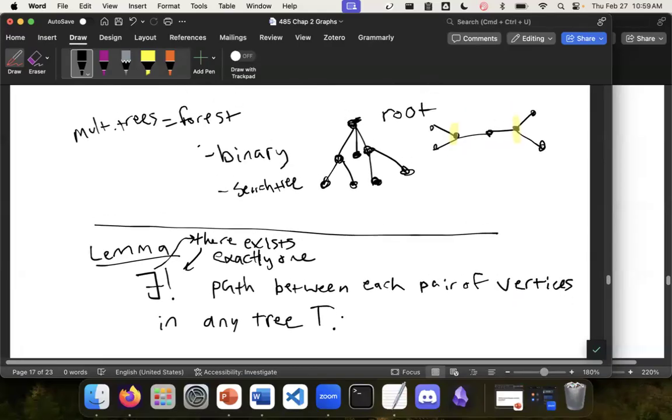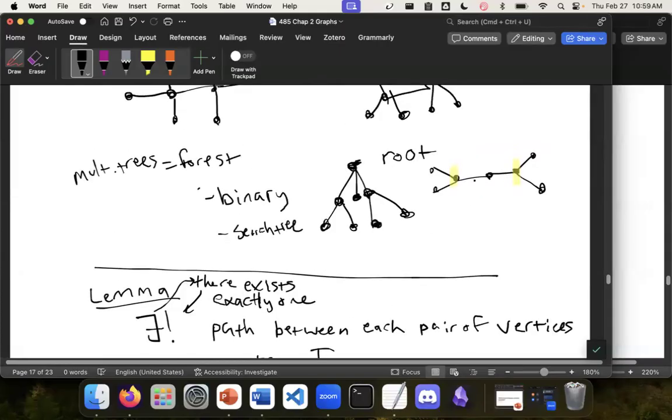Which kind of makes intuitive sense, right? Like if you look at this one, if we choose this one and this one, obviously there's only 1 possible path.